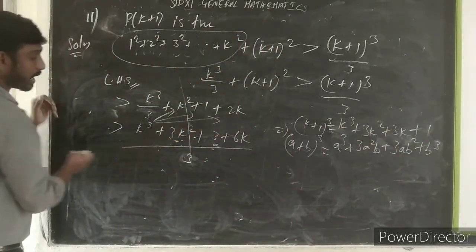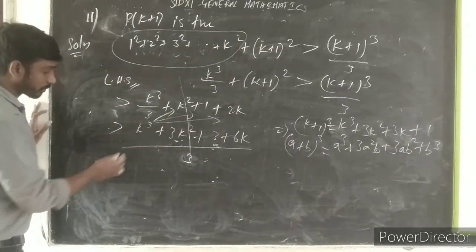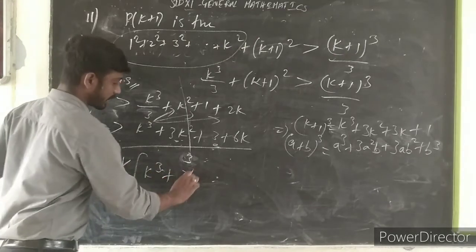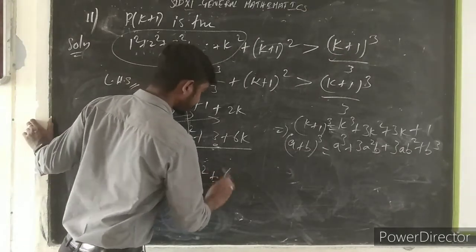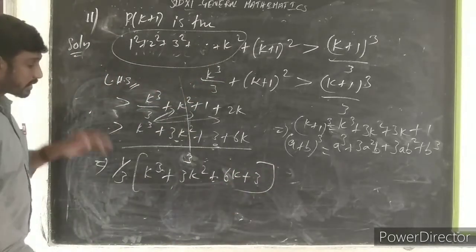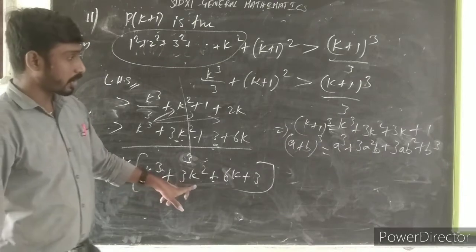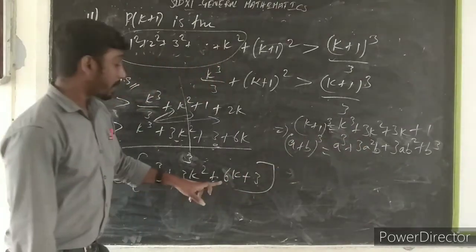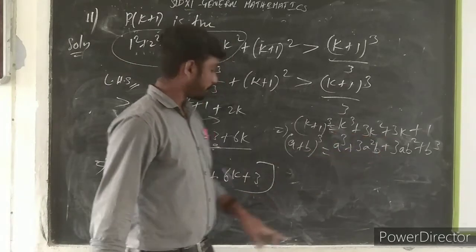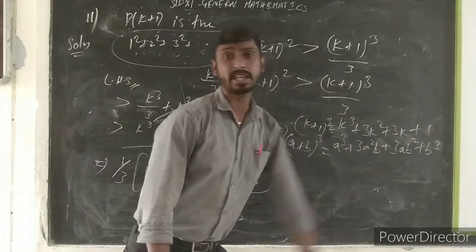Now taking 1 by 3 common, what remains is k cube plus 3k square plus 6k plus 3. Listen here, k cube and 3k square are the same on both sides, but here comes 6k, while there it is 3k only. Here we have 3, and there we have 1.